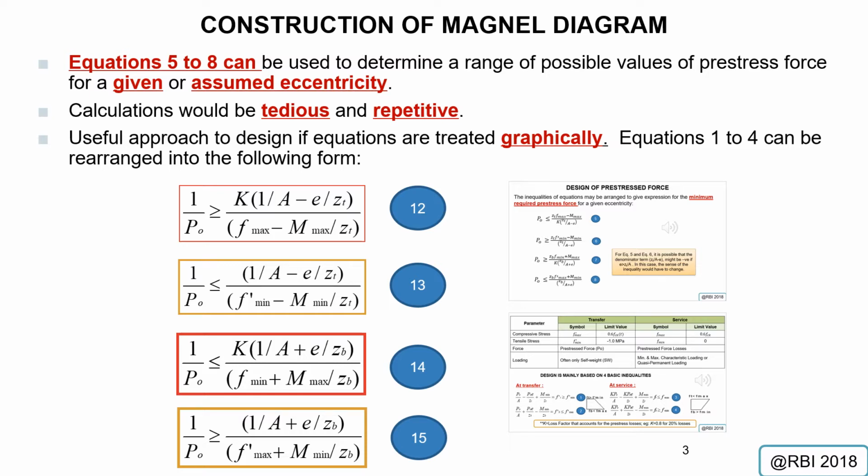When you have these four inequality equations, you can determine the range of your pre-stress force with the range of eccentricity. You have two unknowns here, the pre-stress force and the eccentricity. If you don't use a Magnel diagram, your calculation, especially in finding the pre-stress force, will be very tedious and repetitive, because you have to try and error one eccentricity value after another.